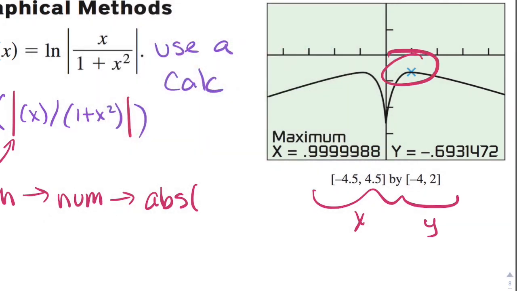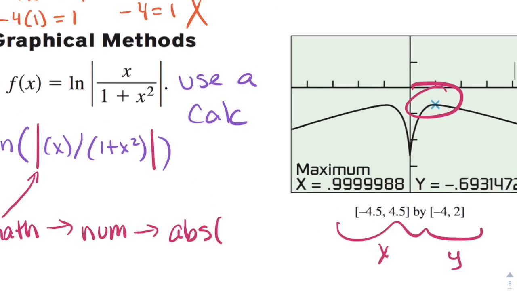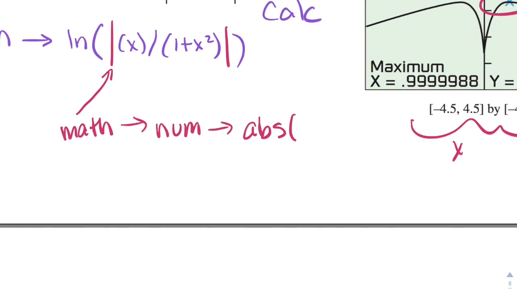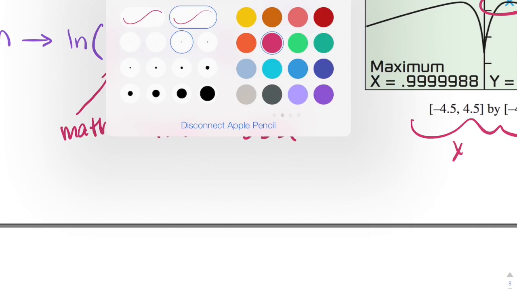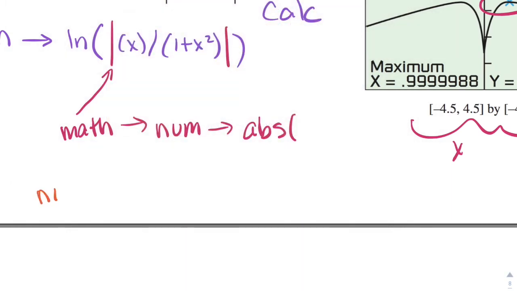And how do you test that? You just go second calc. So here's a new operation. You're going to hit second trace, which is the calc feature.